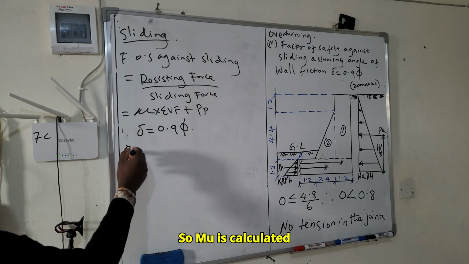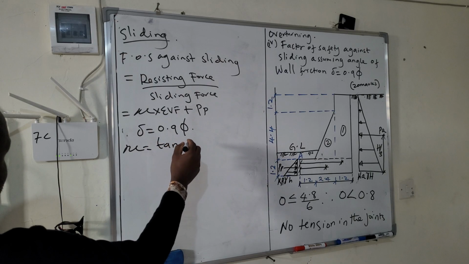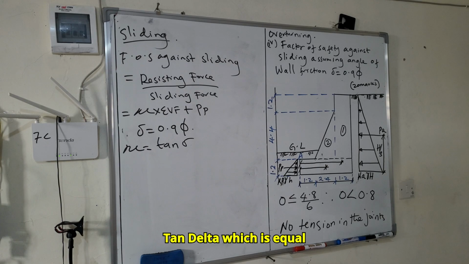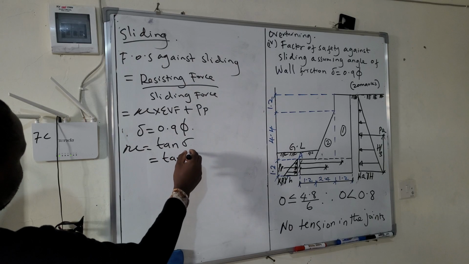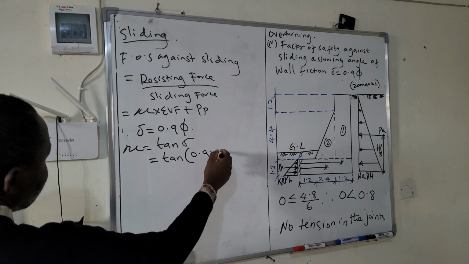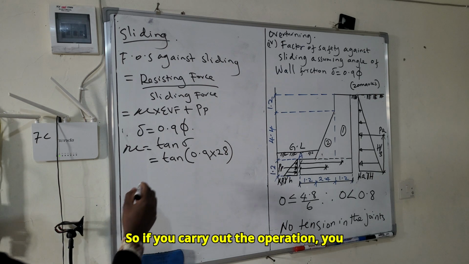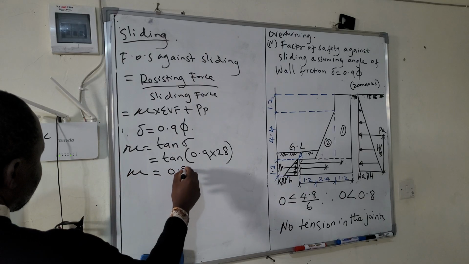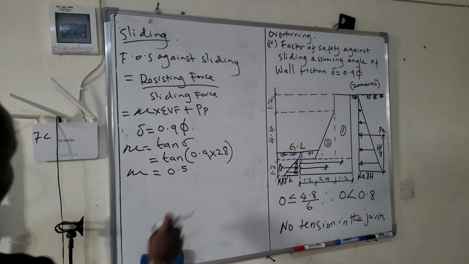So mu is calculated using this formula, tan delta, which is equal to tan into bracket 0.9 times 28, which is our phi. So if you carry out the operation, you will get mu as 0.5. So our mu is 0.5.